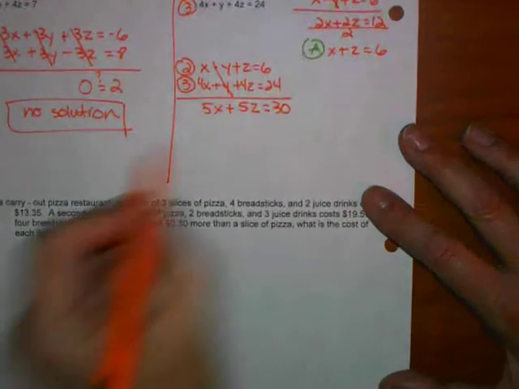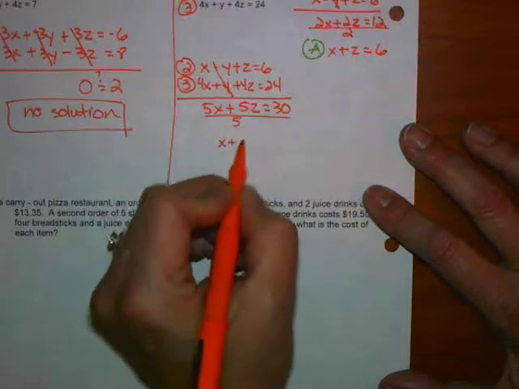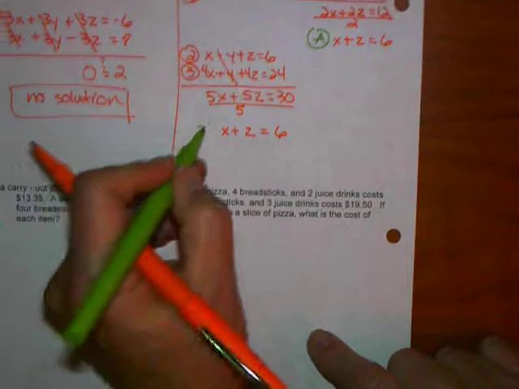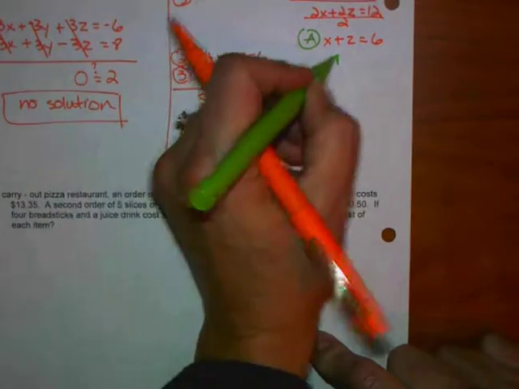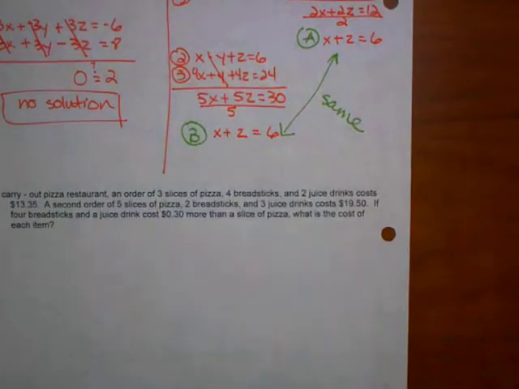Oh. Make it pretty. Divide by 5. Look at that. What do you notice about A and B?